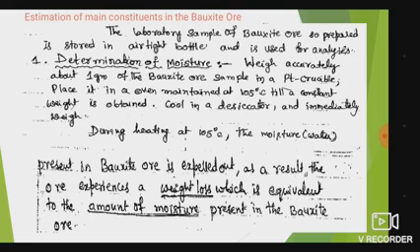During the heating at 105 degrees Celsius, the moisture present in the bauxite ore is expelled. As a result, the ore experiences a weight loss equivalent to the amount of moisture present in the bauxite ore. This is how we estimate the moisture content in the bauxite ore.